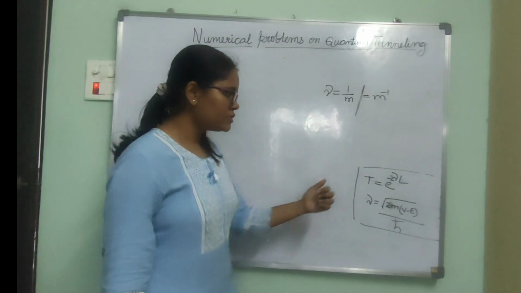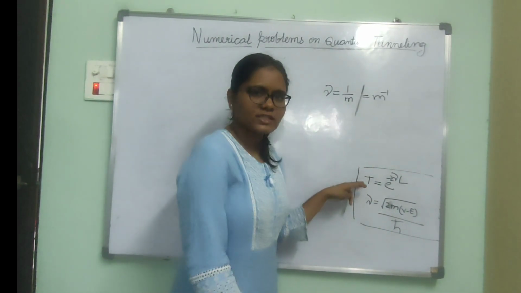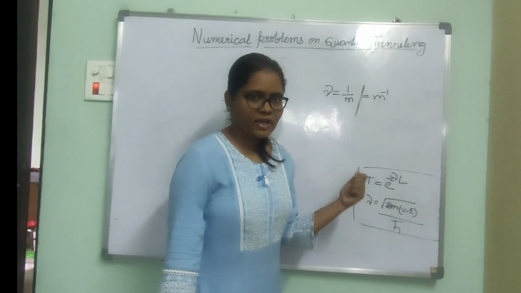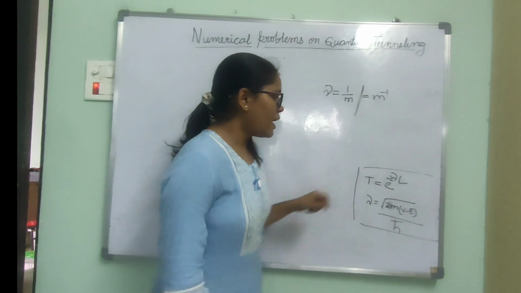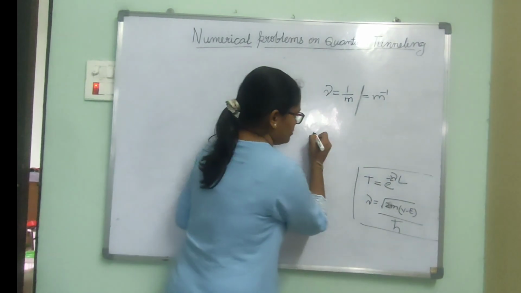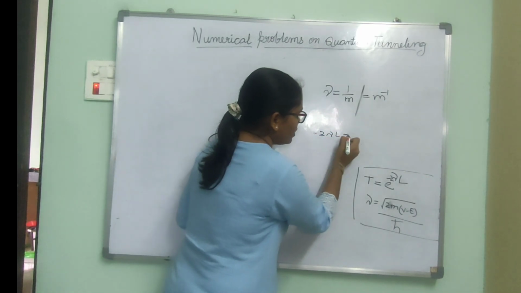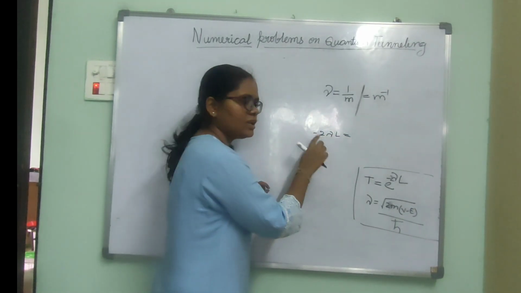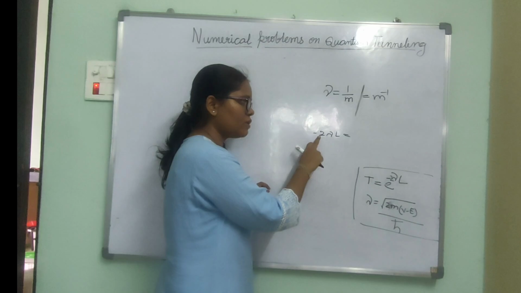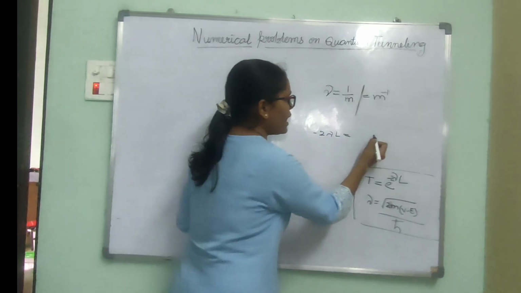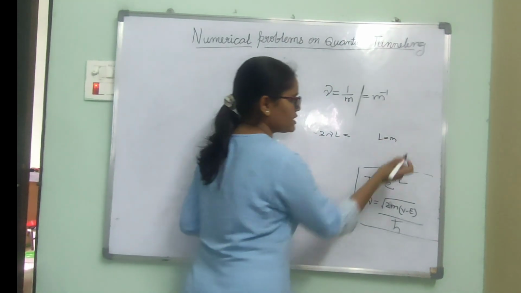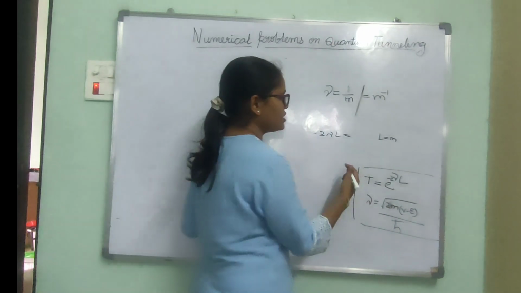So I had told you this tunneling probability is just a number, so it will not have any unit, and for that e power minus 2 gamma L should be unitless, right? We already know that 2 is a number and L has a unit of meters because it is the width of the potential energy barrier.